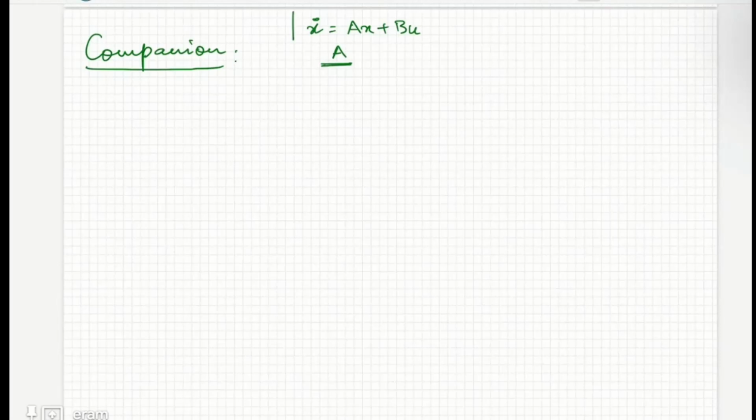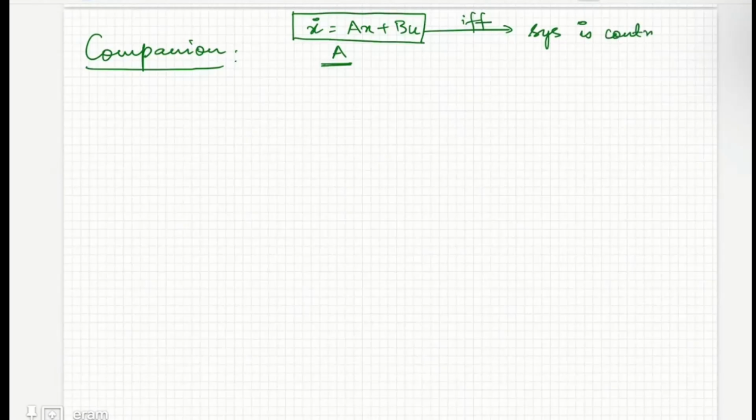Then this system can be converted to companion form if and only if the system is controllable. So if a question asks about converting the system to companion form, we must check whether the system is controllable or not. Only if the system is controllable can we convert it to companion form.